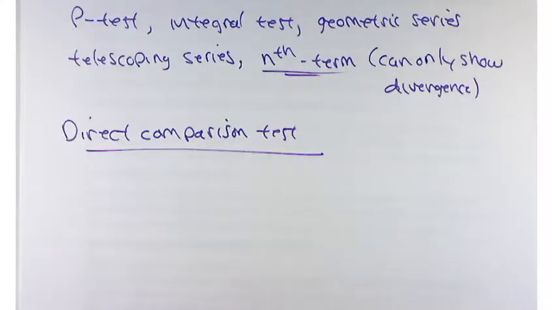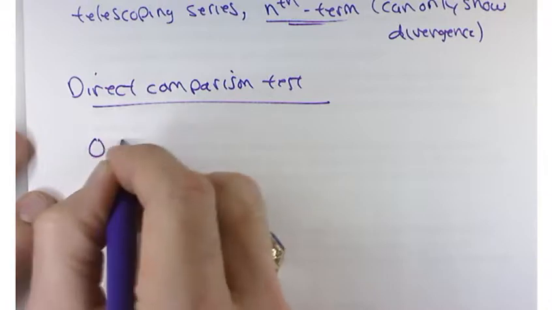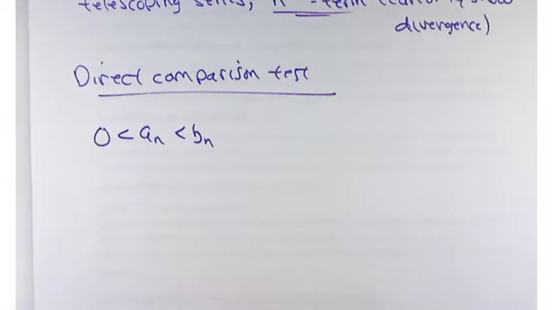The direct comparison test is for positive valued terms. So it's for series whose terms are all greater than or equal to 0. Actually, just greater than 0. So 0 is less than a sub n is less than b sub n. Let me just check, this actually could be less than or equal to.